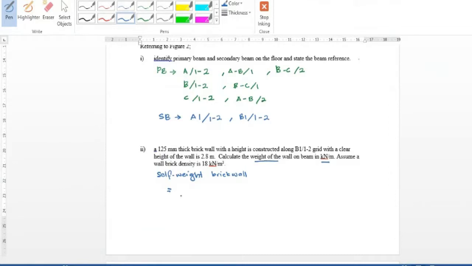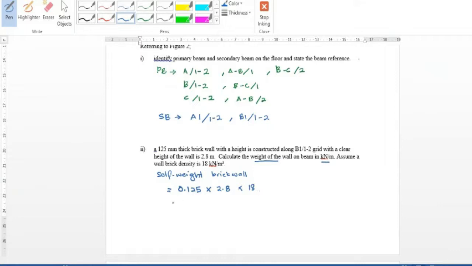Convert to meter first because we want the final result in meter, so 125 millimeter is 0.125, times the height of the brick wall 2.8, times the brick wall density 18 kilonewton per meter cube.